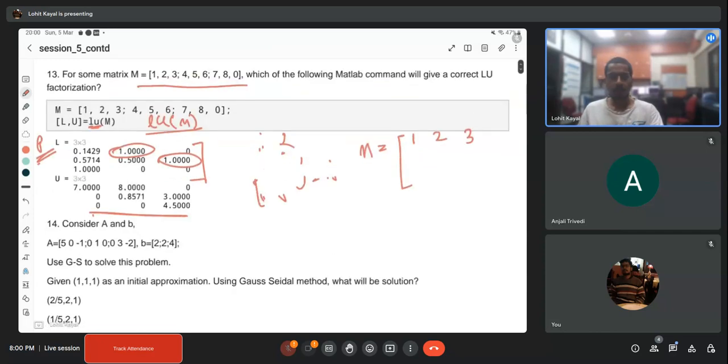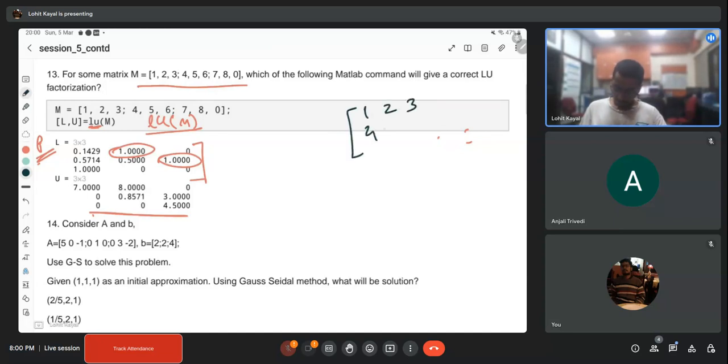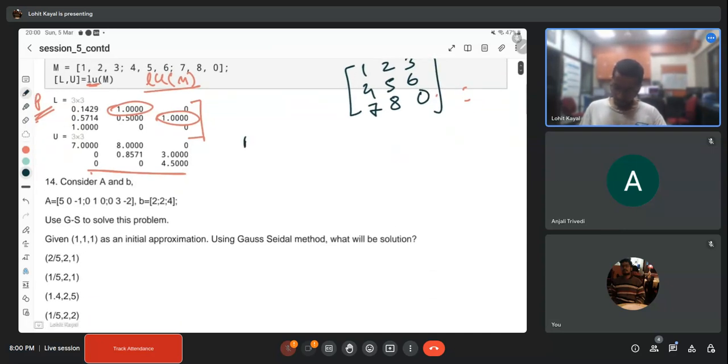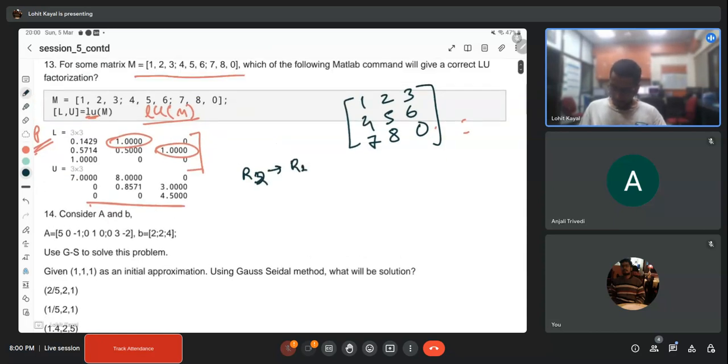let's do the general LU decomposition of this matrix. I'm using the black color. So 1, 2, 3, 4, 5, 6, 7, 8, 0. The first step will be R2 to R2 minus 4R1.